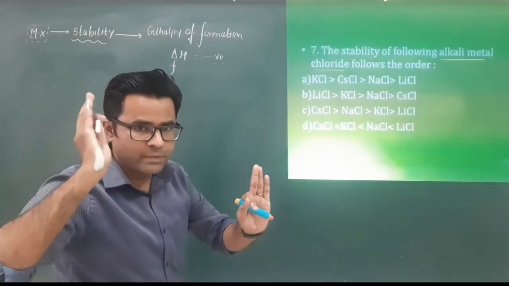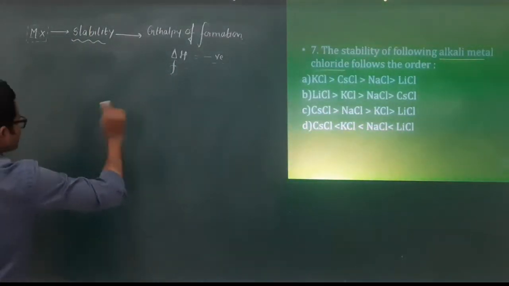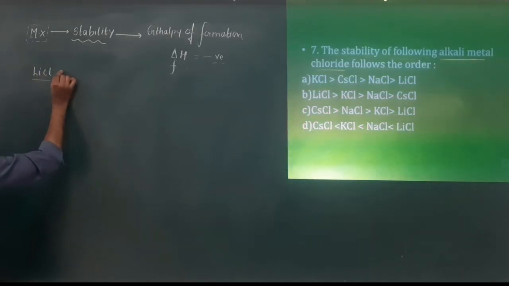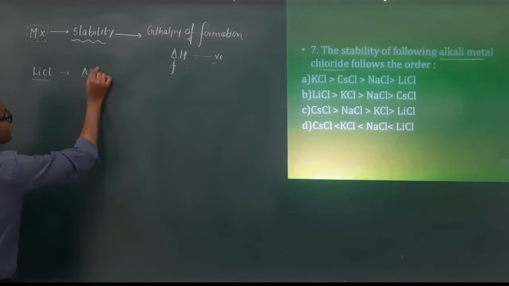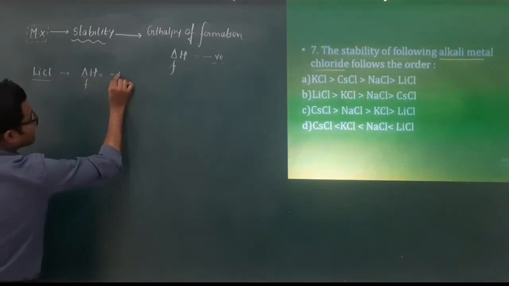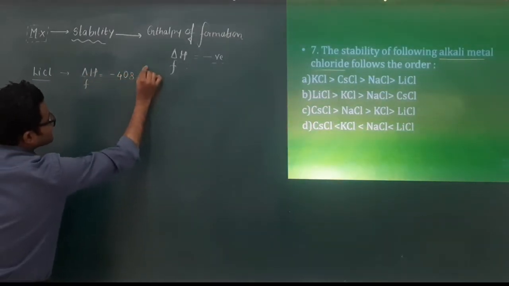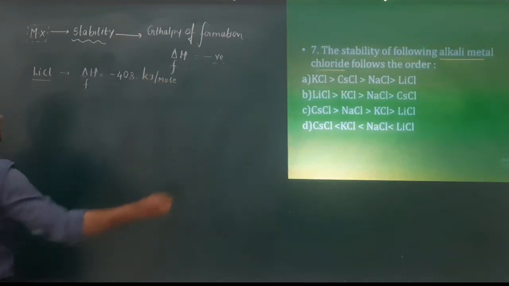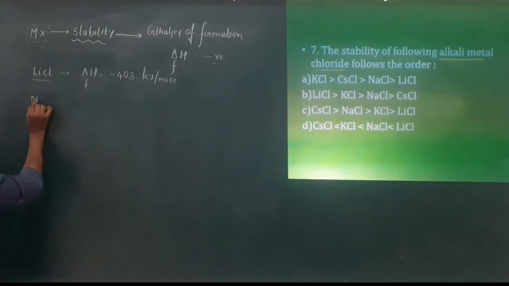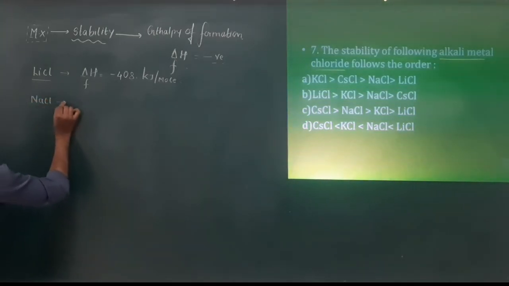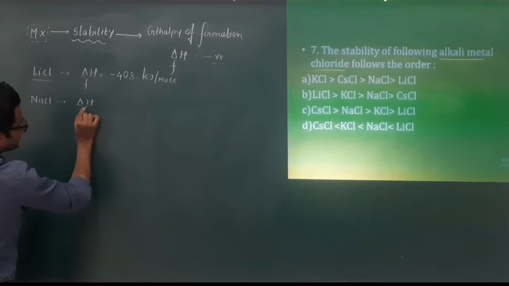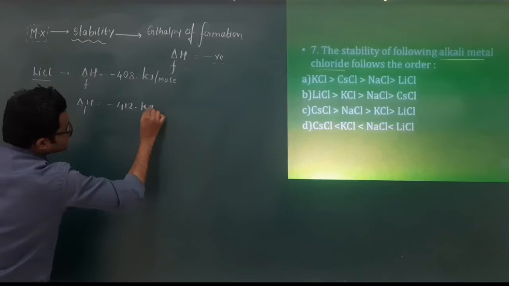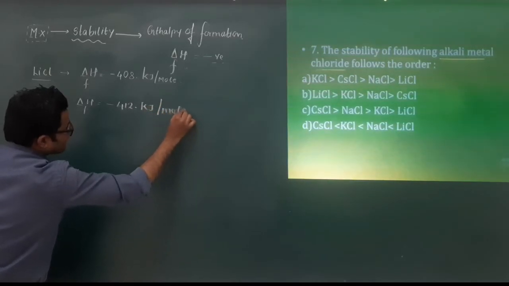Now, if we observe the first one, lithium chloride, the delta HF value is minus 408 kilojoules per mole. As we travel to NaCl, the delta HF value is minus 412 kilojoules per mole.